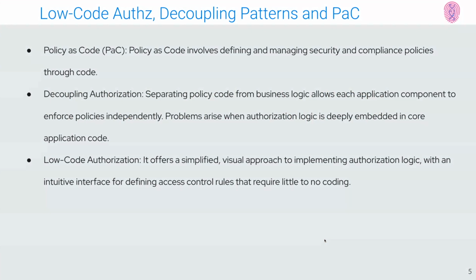In the new version of the workshop, I wanted to follow best practices in the authorization space, so I use policy as code. I want to offer the policies as code, decouple the authorization from the API, and also offer a low-level or low-code authorization. Instead of adding those policies inside your application, I want to offer a way to show them, for instance, in a simple YAML file.